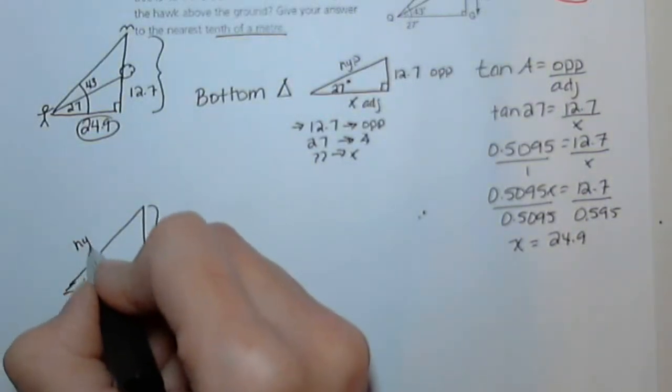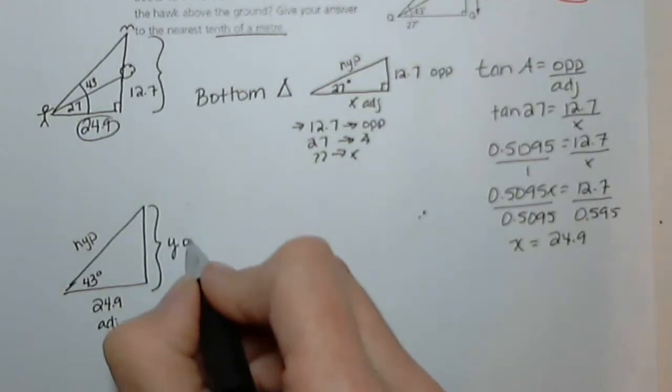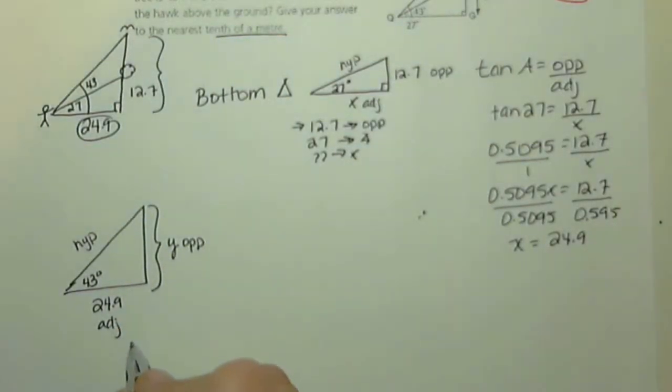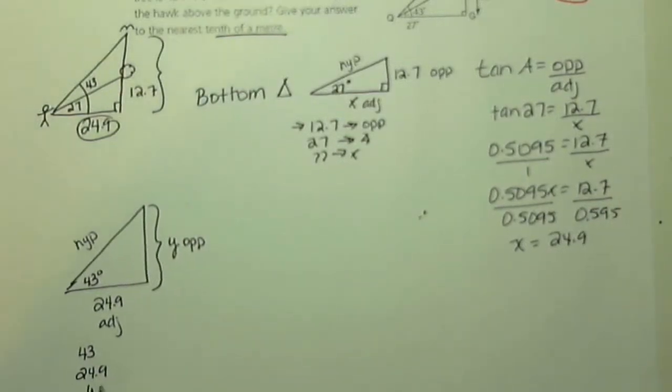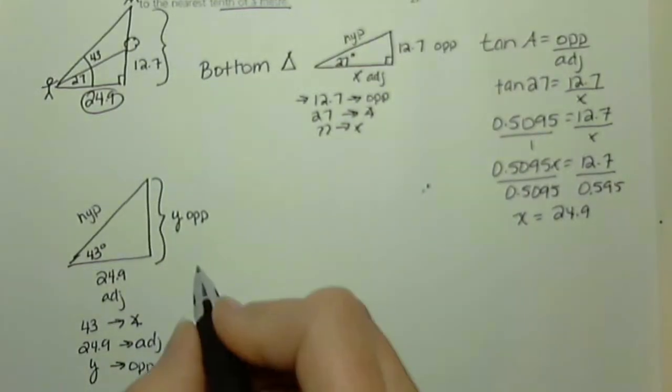Let's label our sides. This is the hypotenuse, this is the adjacent, this is the opposite. Making up our variable list, we have a 43, we have a 24.9, and we have a y. The 43 is the angle, the 24.9 is the adjacent, and the y is the opposite.